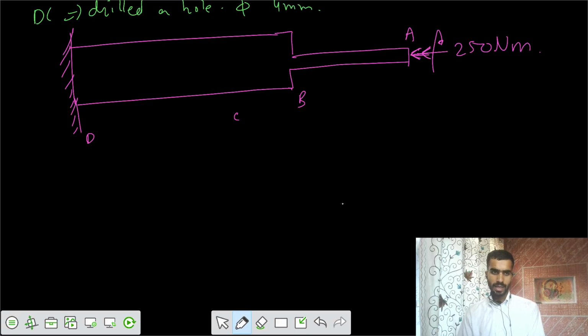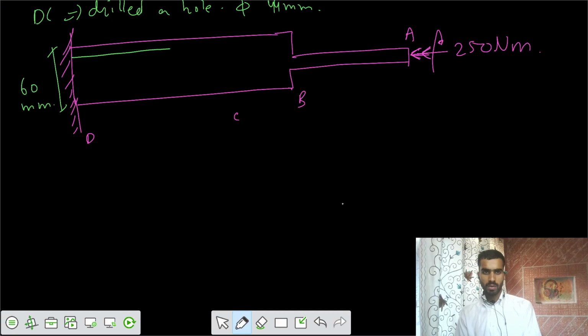If the total diameter is 60, we have drilled a hole of 44 millimeter. That means the rest would become 16, so the thickness would remain 8. 60 minus 44 is 16.